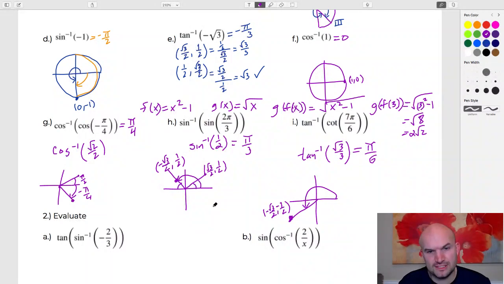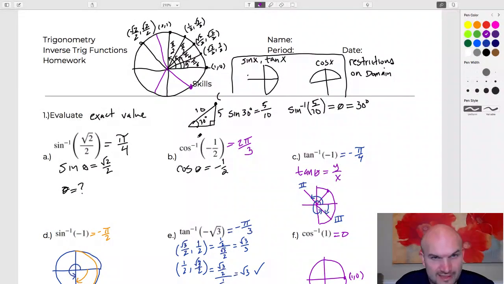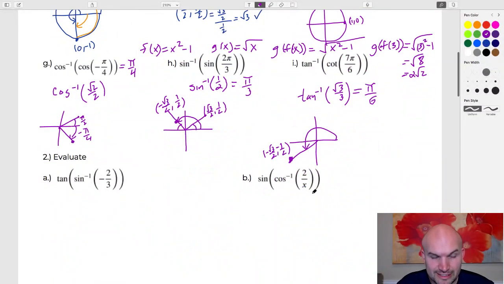All right, so this is all nice and great when we have points that are on the unit circle, because if you are familiar with the unit circle, then you just got to make sure you recall it and not make any little minor mistakes. But something that quickly trips us up is when we have points that are not on the unit circle.